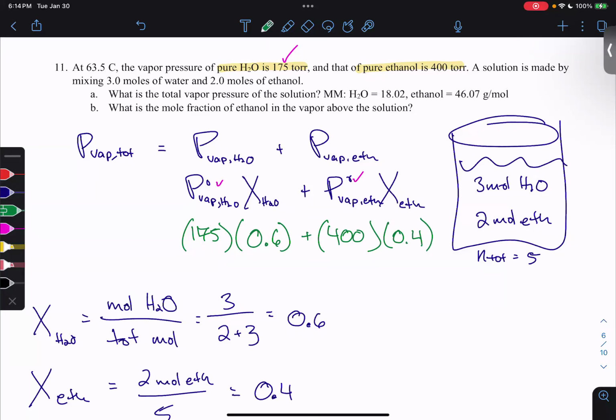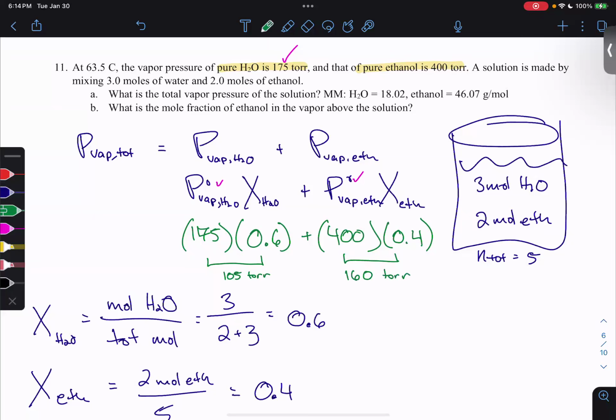All right, and what does my key say? It says this sample exerts a vapor pressure, P total. Let me just calculate what these components are. So water is contributing 105 torr. This component that's coming from ethanol, ethanol is contributing, I think, 160 torr.